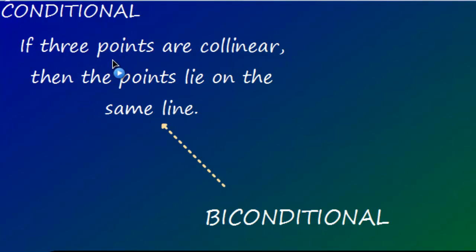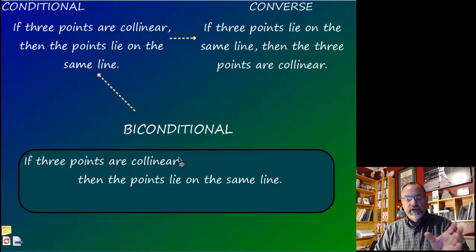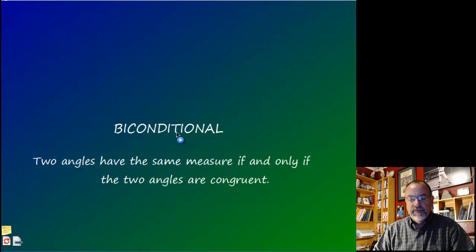Okay, and then to get the converse, I simply reverse the hypothesis and conclusion, and so now I have the conditional and its converse that made up the biconditional to begin with. So I can go with two conditionals and make a biconditional. I should be able to go with a biconditional and determine the two conditionals where it came from. So one more example then. Whoops, I already gave you that.